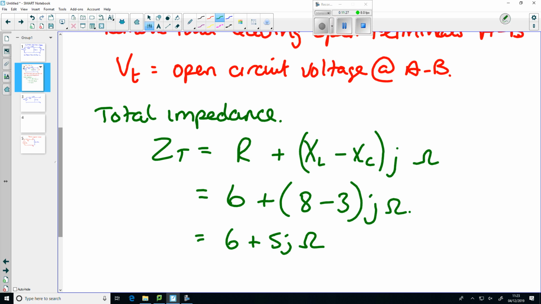Alright. At some point we may need to convert that to polar form. So it's probably a good idea to do it now. Convert that to polar.